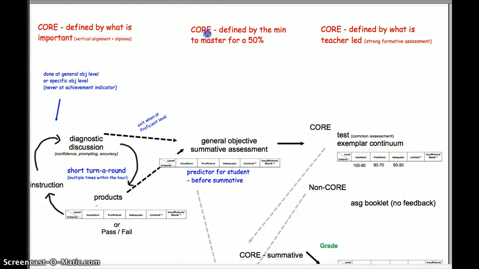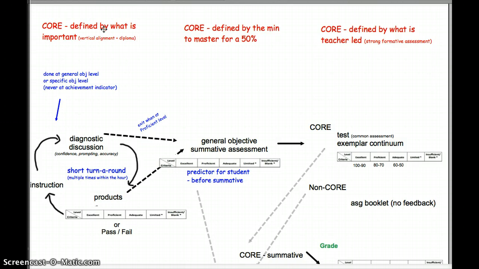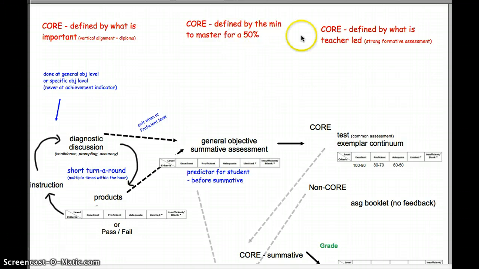Are we defining what we're focusing in on based upon just what we consider important as teachers, based upon vertical alignment of the curriculum to next year's course, or in a 30-level course to the diploma? Are we defining what we're really focusing our teaching on based upon the minimum students need to master in order to pass a course?